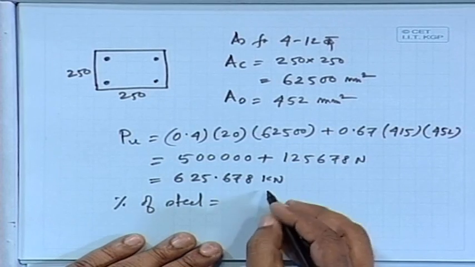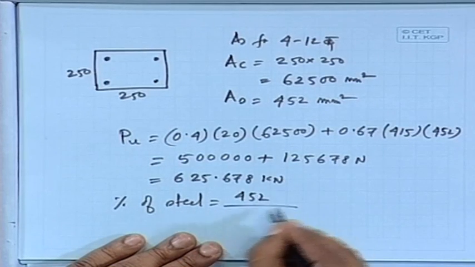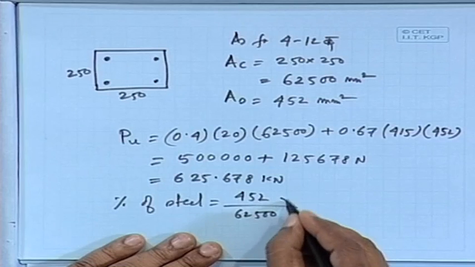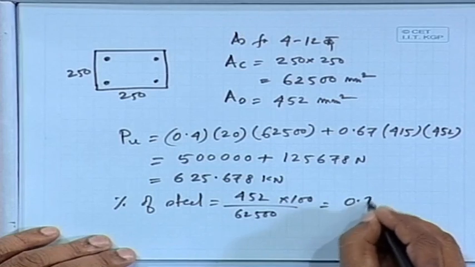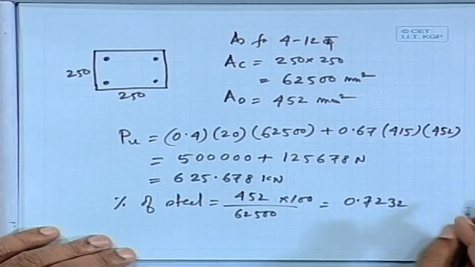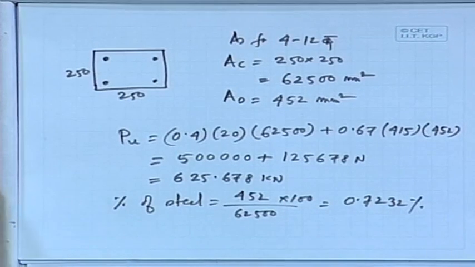Percentage of steel equal to 452 divided by 62500 times 100, so 452 into 100 by 62500, 0.7232. So, this is the percentage of steel even for 250 by 250.